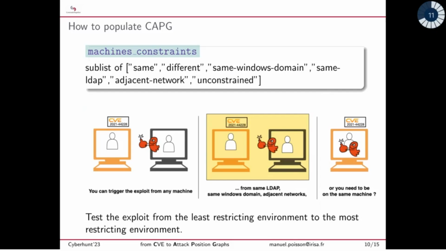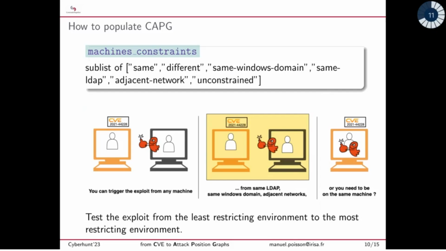So first, we have the machine vulnerable to the CVE. We try to exploit the CVE from a totally remote machine, not correlated to the first one. If it succeeds, we know that there are no constraints between the machines, and the machines are different.